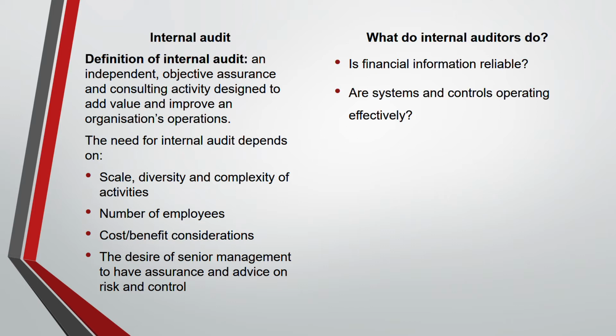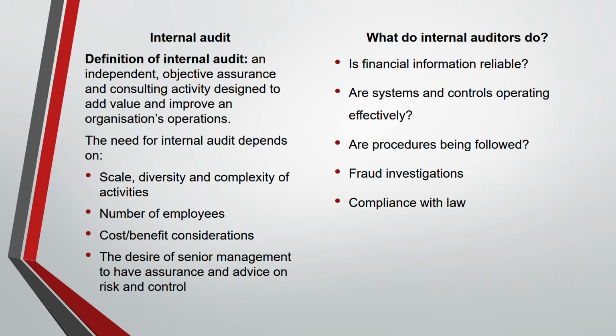Are systems and controls operating effectively? The internal auditor checks it. Are procedures being followed? Fraud investigations, compliance with law, value for money. So these are the few things that the internal auditor does: whether it's complying with law, whether procedures are being followed, how the internal controls are working.